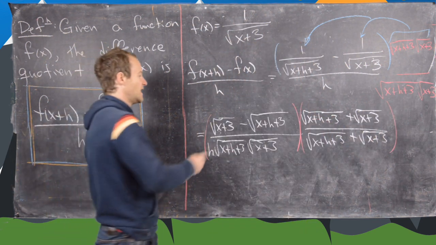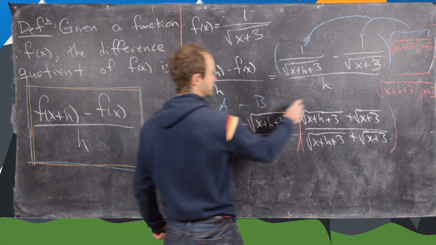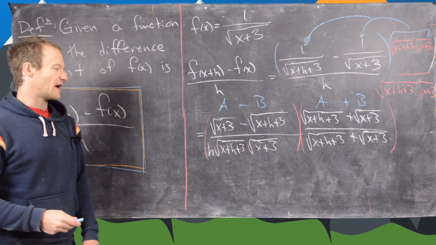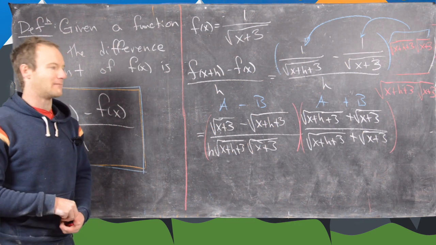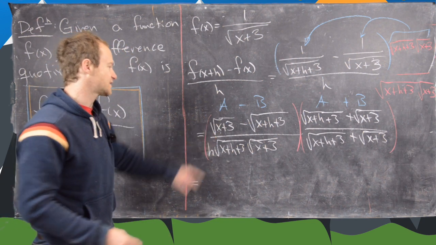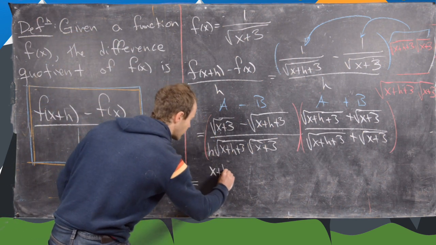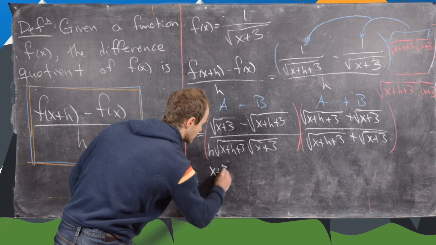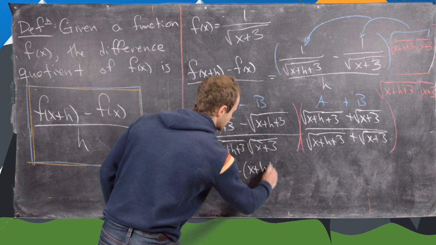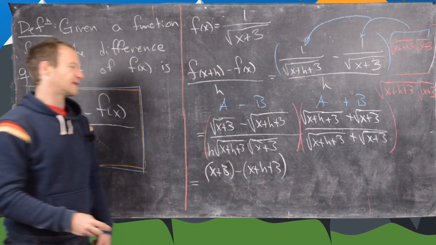Now what we have is an a minus b, a plus b situation. And we know when we multiply that kind of thing out, we get a squared minus b squared. So in this case, a squared is x plus 3, and then b squared is x plus h plus 3. So we have something like that.